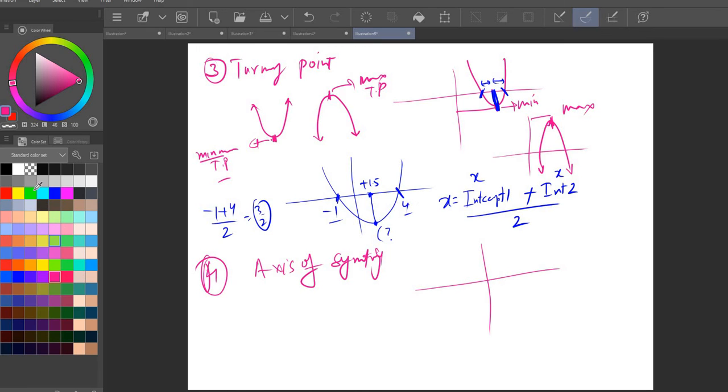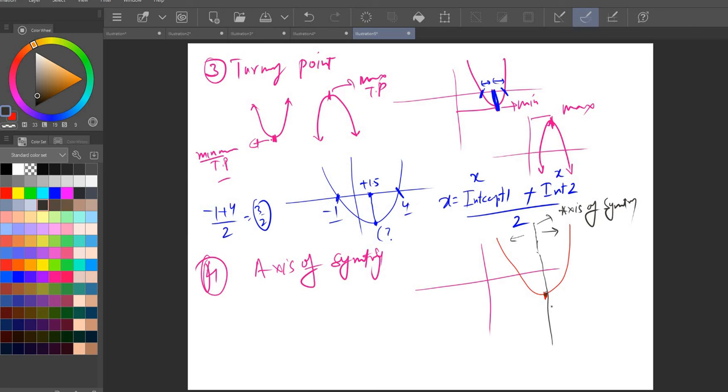So for example, if you've got a graph like this, if I draw a line right in the middle, you see here, is it not dividing? If you look at the left side of this line and the right side of this line, they look like mirror images of each other. You call this line the axis of symmetry.